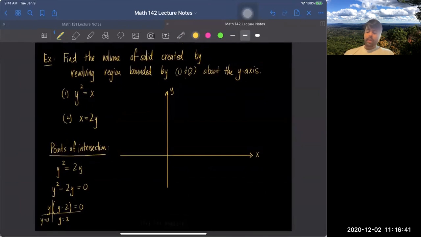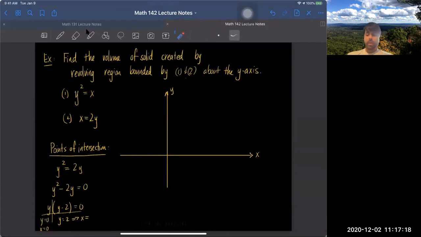So if y equals 0, what is x going to equal? If y equals 0, x equals 0. And if y equals 2, what is x going to equal? Placing y into one of the equations, I can figure it out.